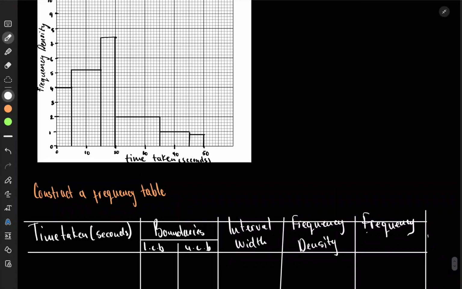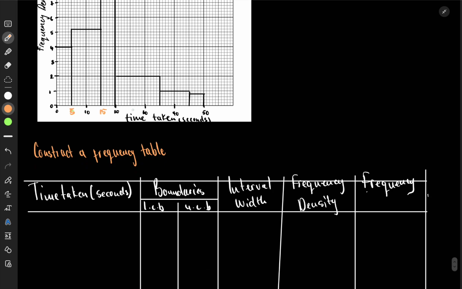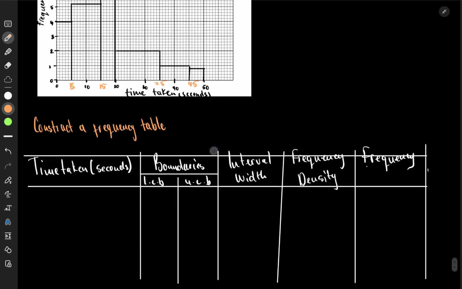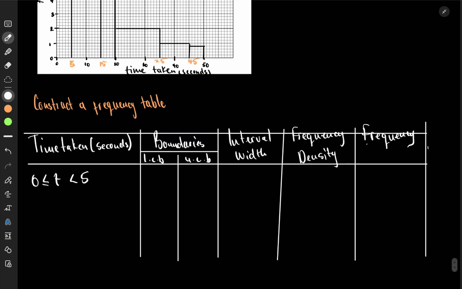So now we can start putting in the time taken. What are my intervals? I have 0 less than or equal to t, which is less than 5, because it's going 0 to 5.